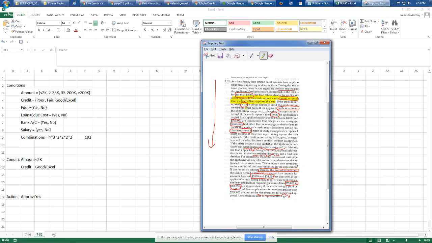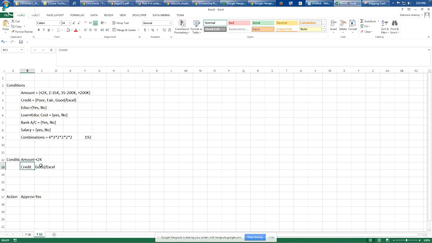If the credit report is rated fair, the officer checks to see if the applicant has an account in the bank. If the applicant has an account in the bank, then it's approved. So again, for less than 2K, if it is fair and the person has a bank account, yes, then approval is yes.